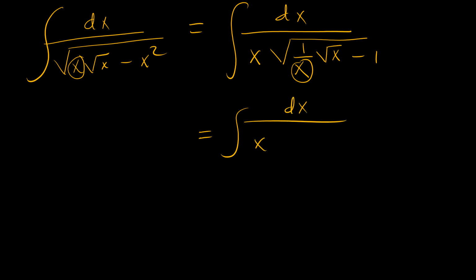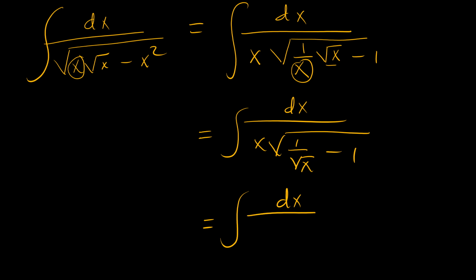So we have x, and then square root of x divided by x becomes 1 over square root of x, minus 1, and this becomes 1 over x over square root of 1 minus square root of x over square root of x.